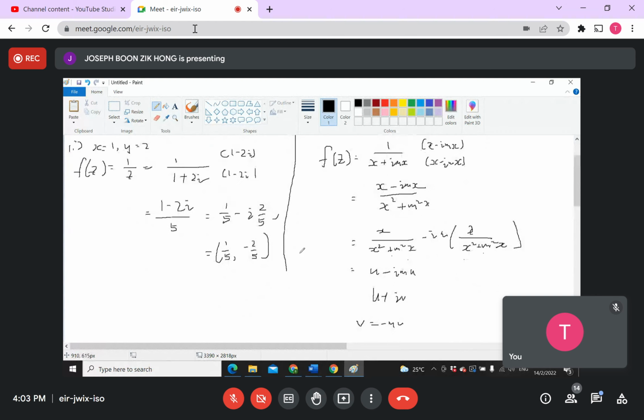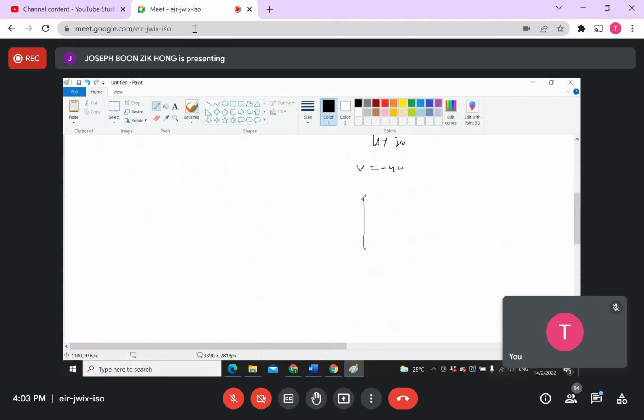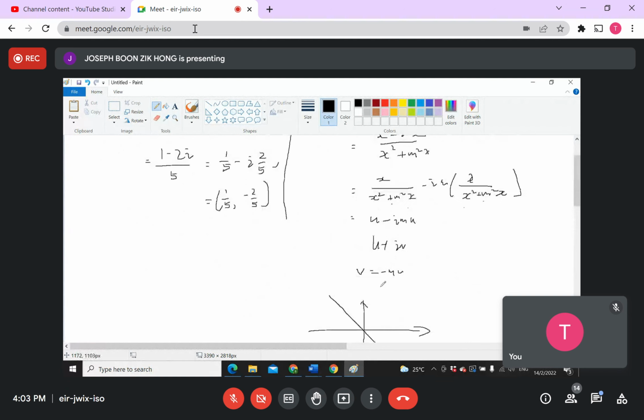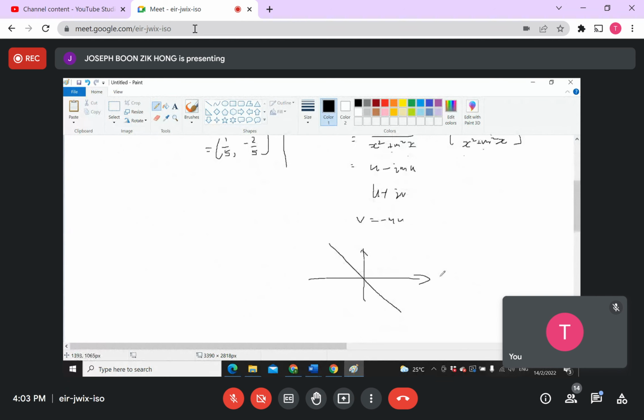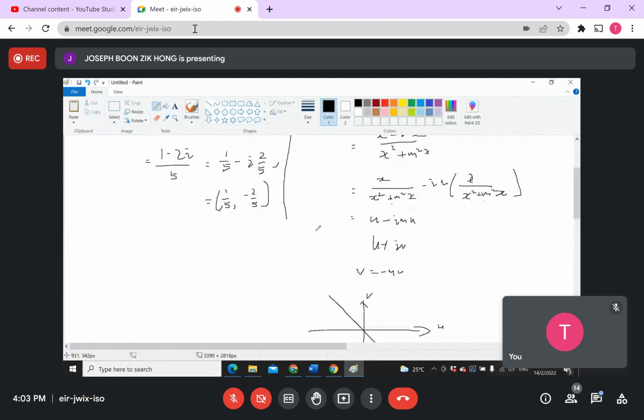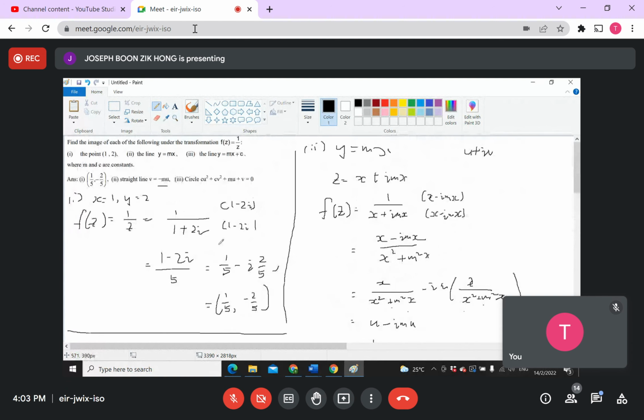Because m is a constant, when you draw it you will have a straight line like this, where this axis is u and this axis is v. Of course, if you don't want to do it this way, you have another way, just like what I said just now. So now I know y is mx.